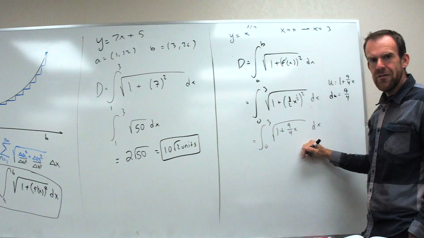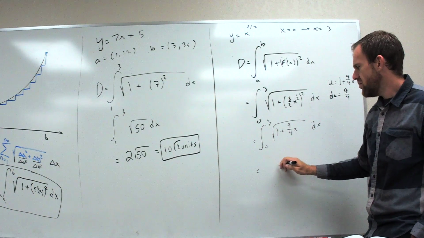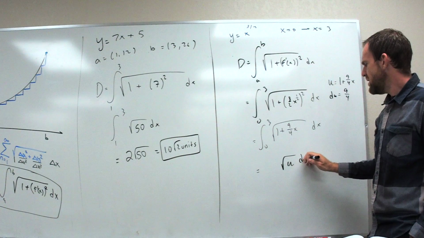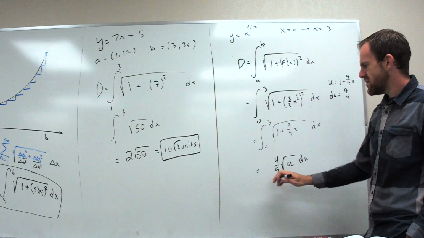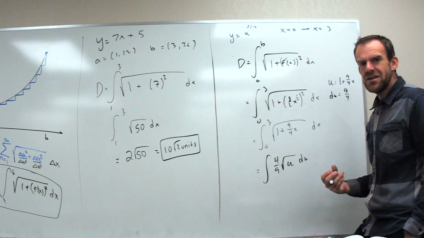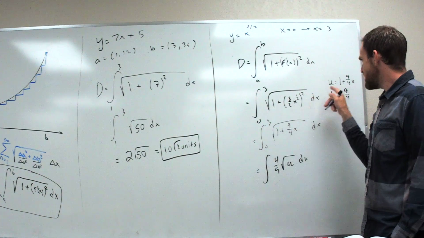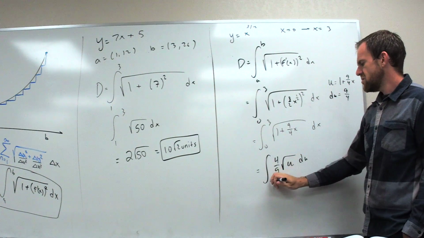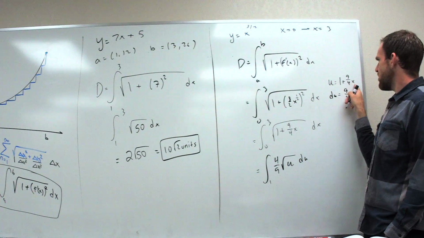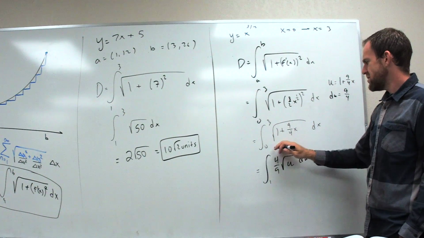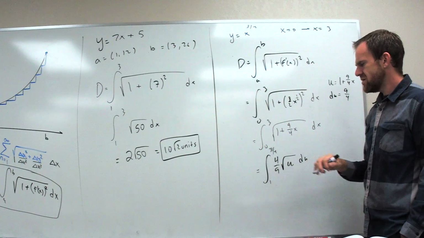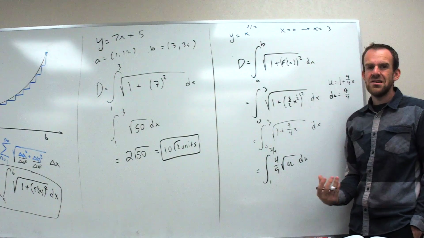So I know that if I want to make this the square root of u du, I have to multiply by 4/9. Not a surprise. Now the easiest way to do u substitution when you have bounds is to plug those in. So I'm going from 1, and if I plug in 3, I get 1 plus 27 over 4, that's 31/4. That way, I don't have to deal with x anymore.